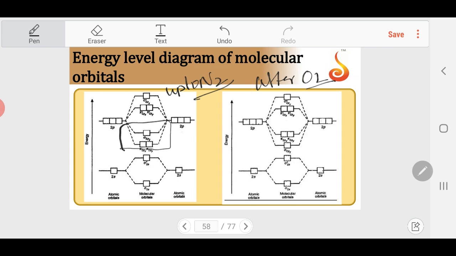In case of molecules with up to 14 electrons in the system, the pi 2px and pi 2py orbitals will have lower energy than the sigma 2pz orbital. If the number of electrons in the system crosses 14, then we have to follow this diagram where sigma 2pz is lower in energy than pi 2px and pi 2py. So, these are the two diagrams we have to follow depending upon whether the number of electrons is less than 14 or more than 14.